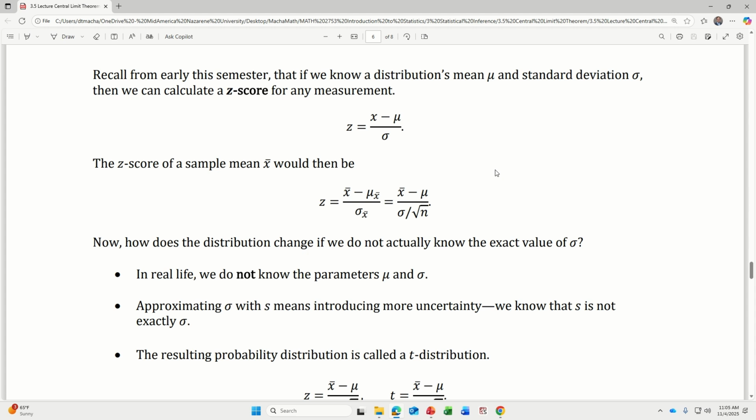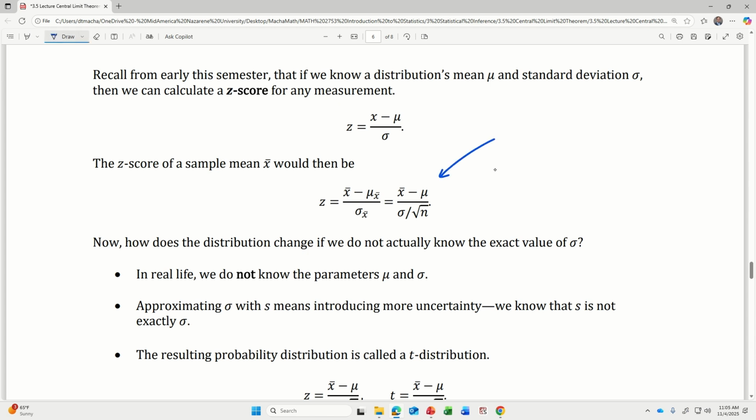But on Friday, we were talking about the distribution of the sample mean as a random variable. And the distribution of the sample mean as a random variable was the same if it was a normal distribution. But what was different is that the sample mean has a smaller distribution standard deviation. It's the same as the underlying distribution standard deviation, but divided by the square root of the sample size.